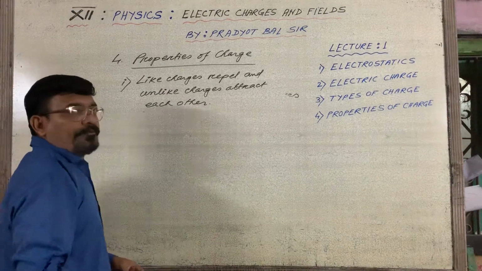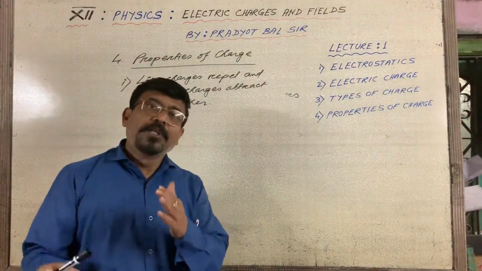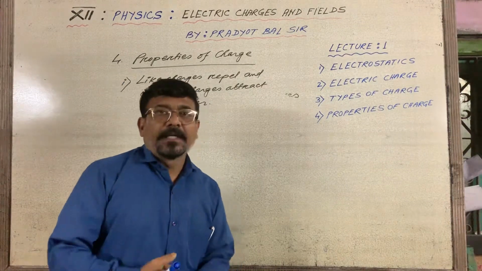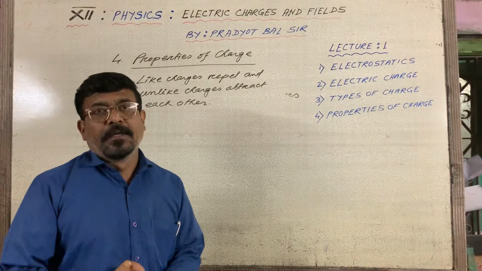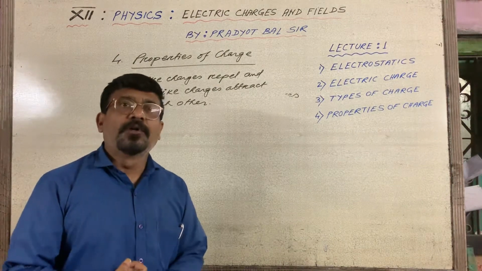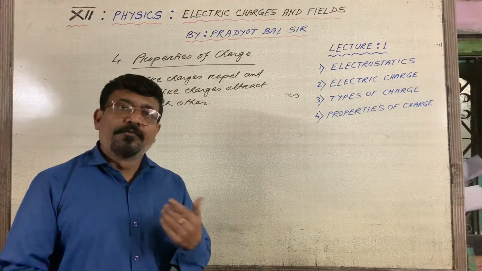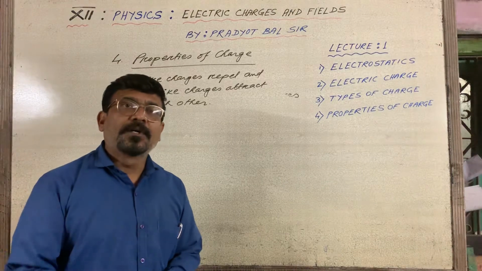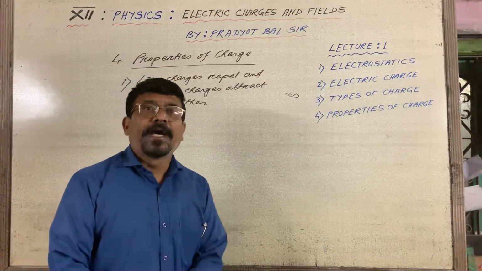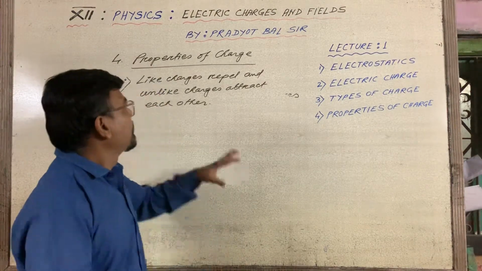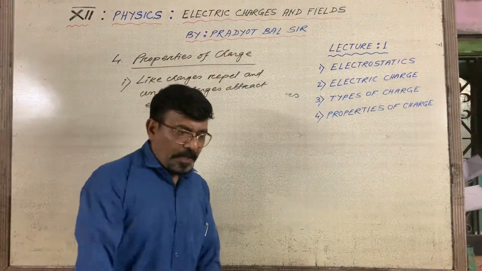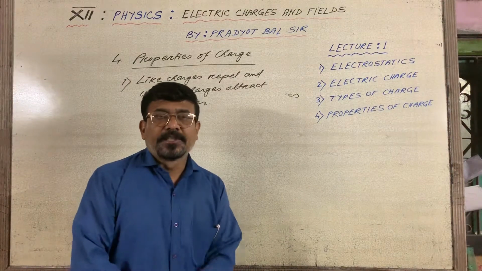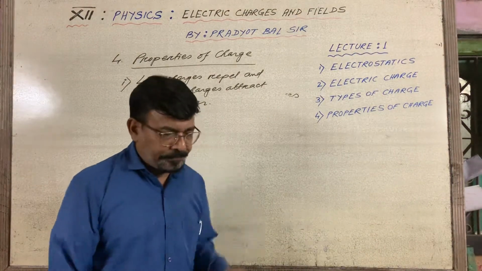We all knew previously that positive charge and positive charge will always repel, negative charge and negative charge will always repel. But if one is a positive charge and the other is a negative charge, then they will attract each other. This is the first property of charge.